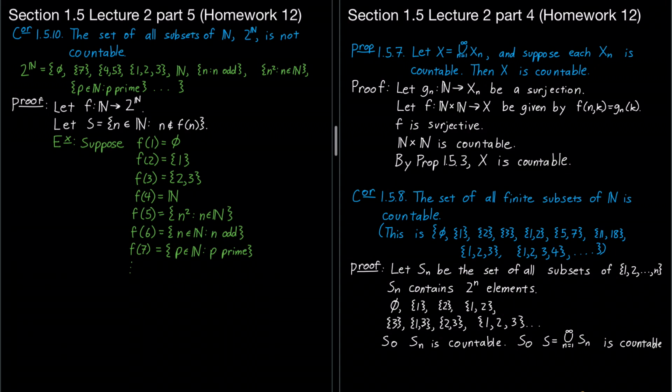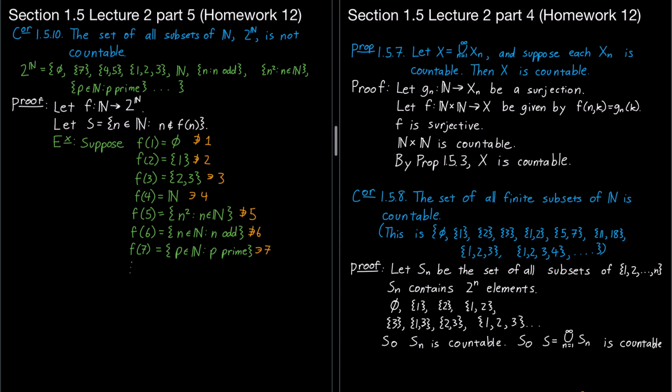And then we go through and we say, okay, 1 is not in the empty set, and 2 is not in the singleton set whose only element is 1. But 3 certainly is in the set 2, 3, and 4 is in the natural numbers. 5 is not a perfect square. 6 is not odd. 7 is prime.